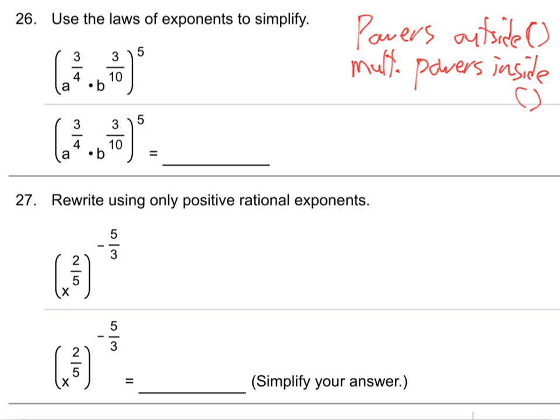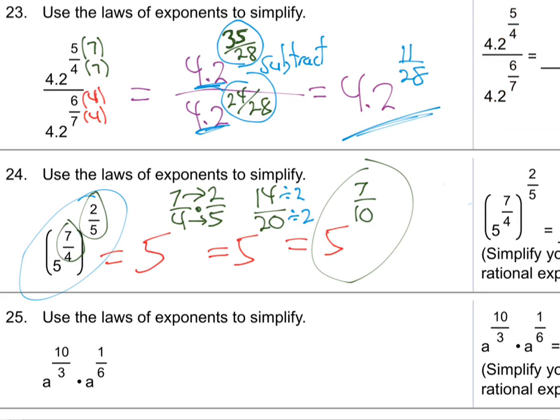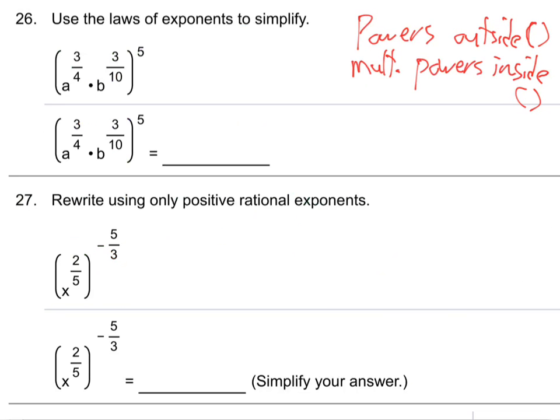That's what we just did in 24, right? This power outside multiplied the power inside. And then 26, it's going to be the same thing. This 5 is going to multiply both those powers, isn't it? Everybody good there? Powers outside parentheses multiply powers inside parentheses.